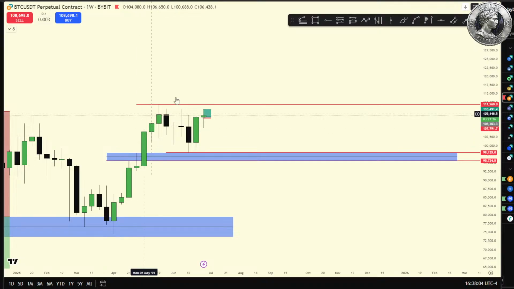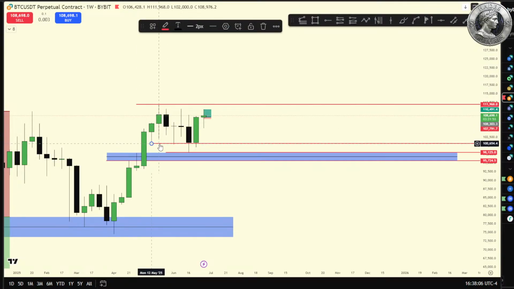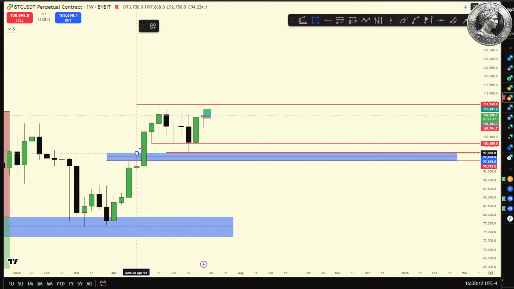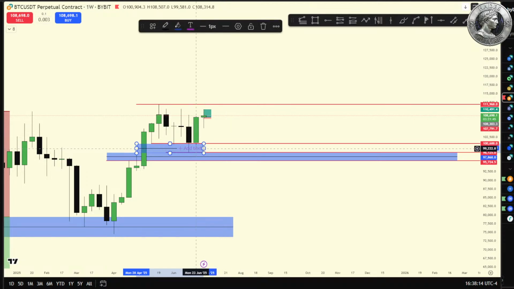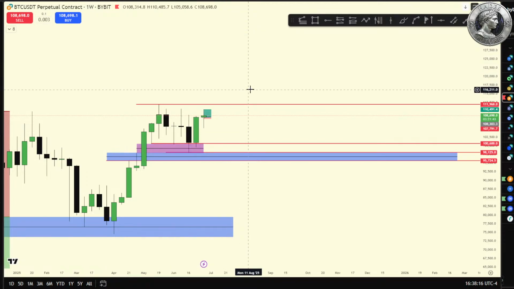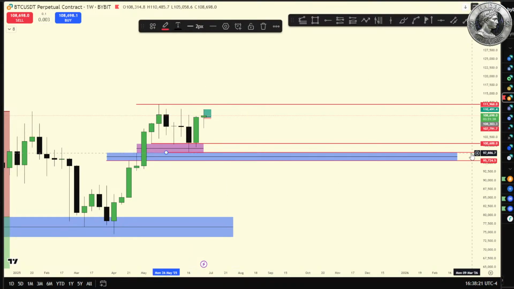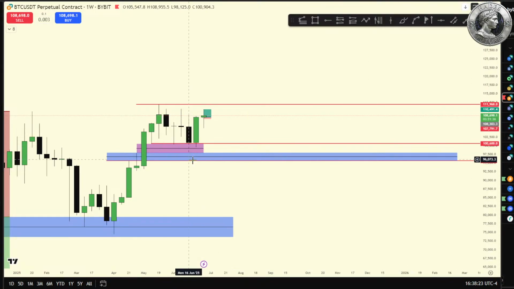So on the weekly, we cleared all these lows. We respected the weekly fair value gap. And we touched actually the monthly one, which is pretty good. We created the monthly with this one. And then we engulfed this one.